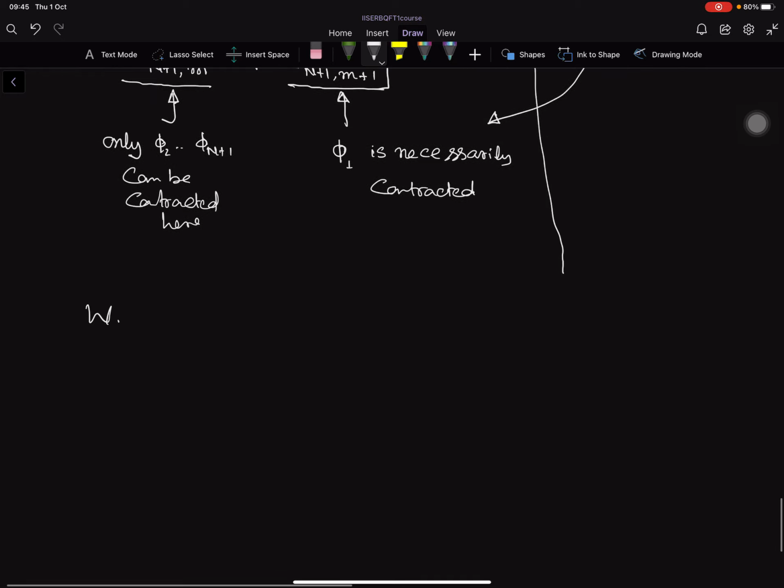The Wn plus 1 m can be written in two ways: W hat n plus 1 m and W tilde n plus 1 m. By that I mean that though this has m fields contracted, phi 1 is always contracted.